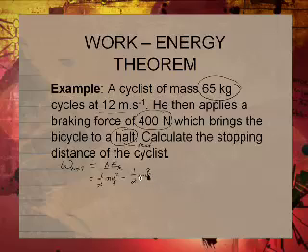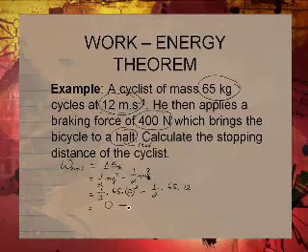Now, what was the final here? Half times 65 kilograms times v squared final, which was 0 because it came to a stop, minus half times 65 times v squared initial, the initial velocity is 12. So that is 12 there. So the first part works out to 0.